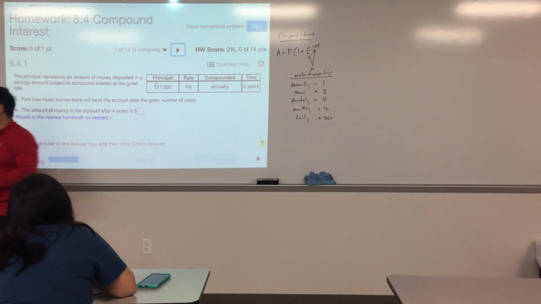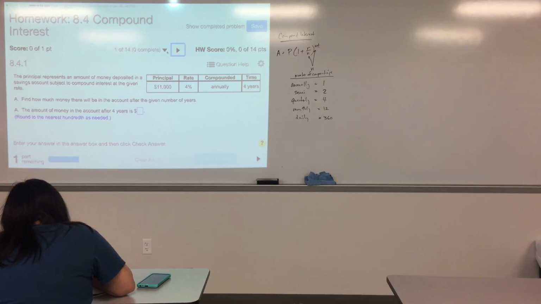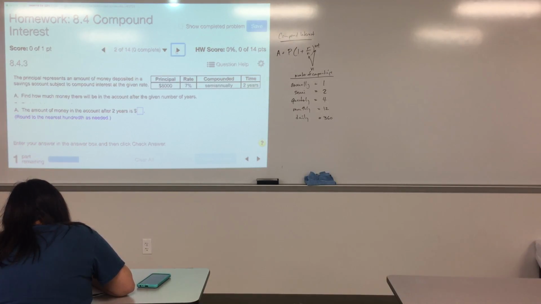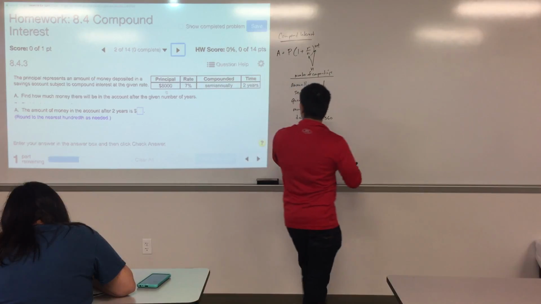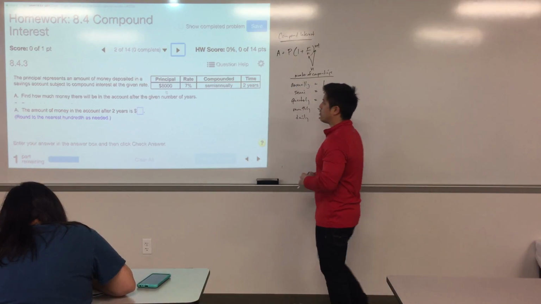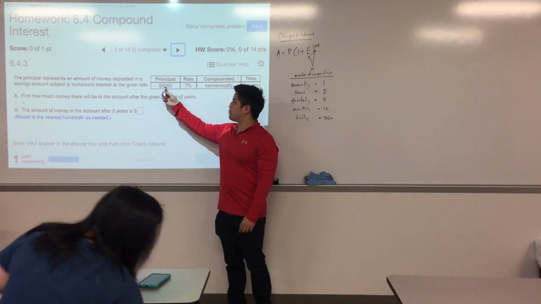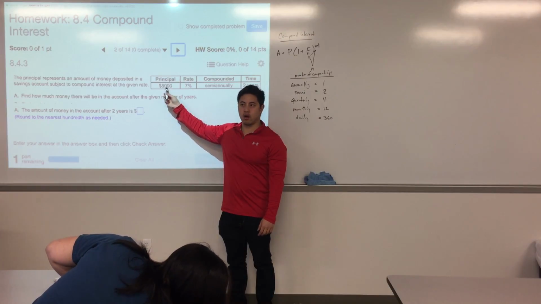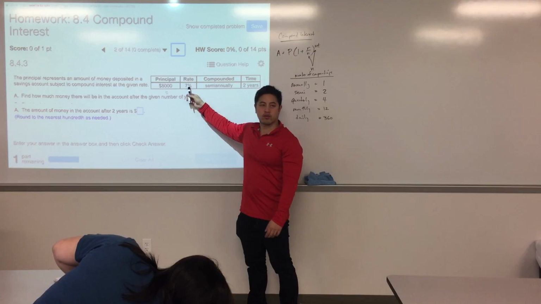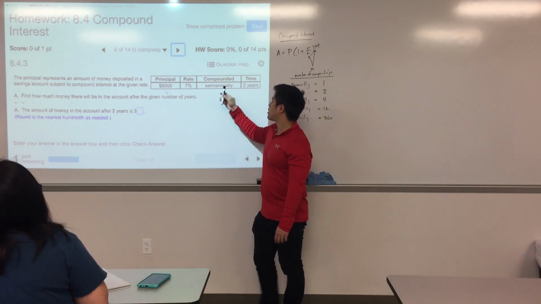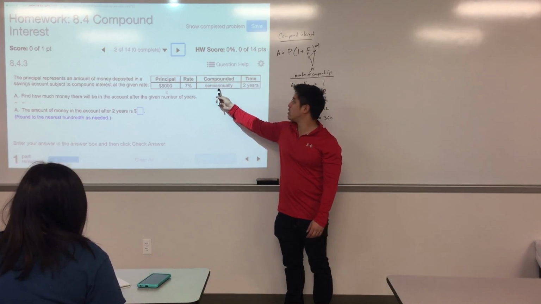Okay? I'm not going to do this first problem. I'm going to skip ahead because I don't really like the annually scenario. It's too easy. Let's do the semi-annual case. We want to figure out if we deposit $8,000 into a bank account, or whatever, an investment, the interest rate is 7%, compounded semi-annually.